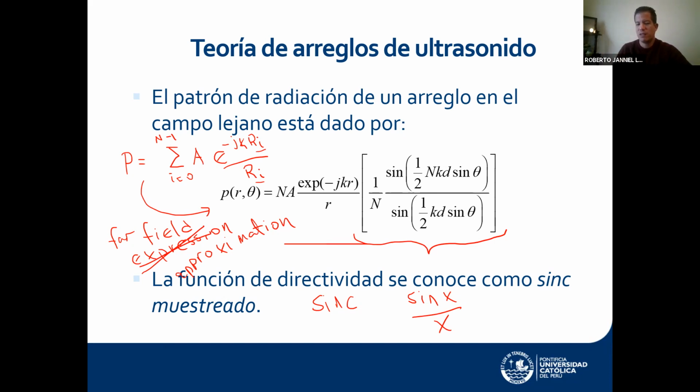Again, if you assume that the whole argument of the sine in the denominator is small, then the sine becomes the argument. And then you have this capital N over here. So you will have sine of 1/2 N k d sine theta divided by 1/2 N k d sine theta. And that would be a sinc function. That's the reason why this function gets the name of a sampled sinc.